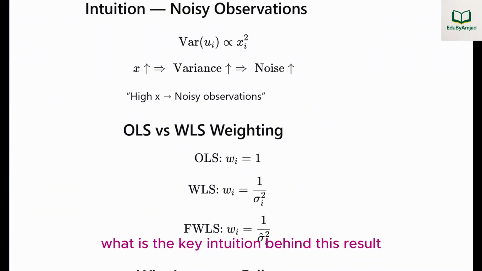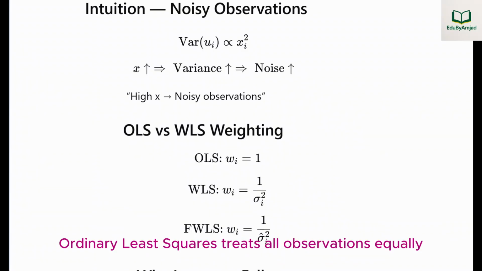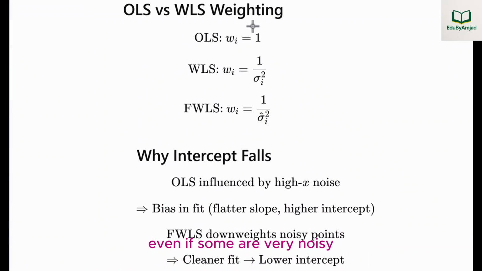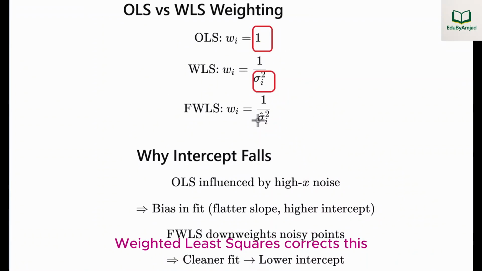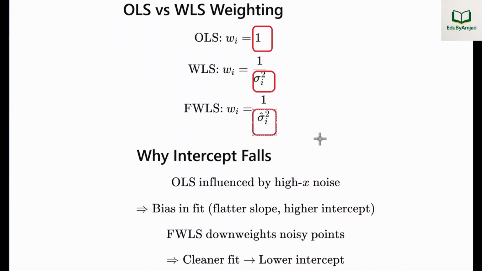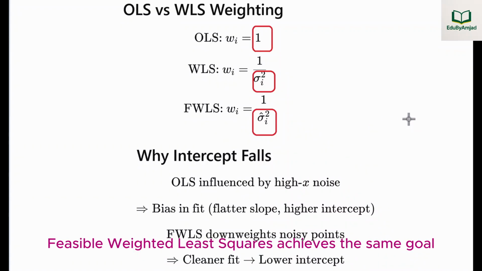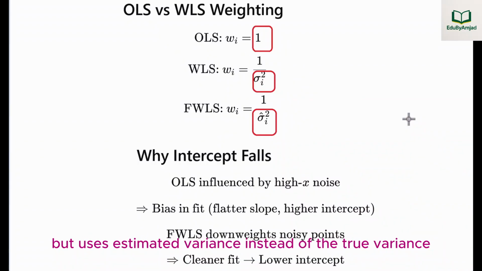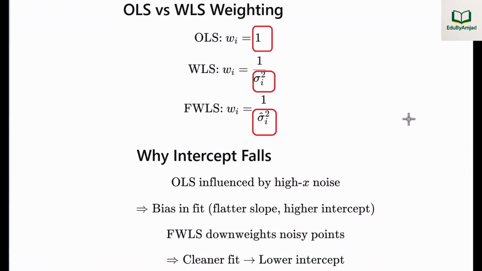What is the key intuition behind this result? Ordinary least squares treats all observations equally, even if some are very noisy. Weighted least squares corrects this by downweighting noisy observations. Feasible weighted least squares achieves the same goal, but uses estimated variance instead of the true variance.